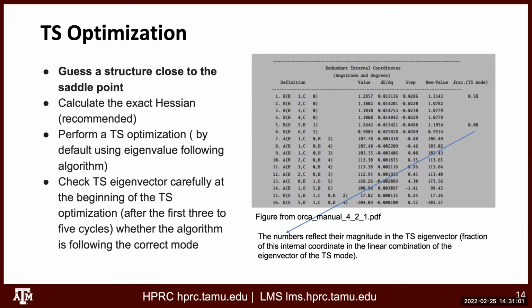That means the fraction of this internal coordinate in the linear combination of the eigenvector of the TS mode. The larger this number is, the more important role the corresponding internal coordinate plays in this mode.